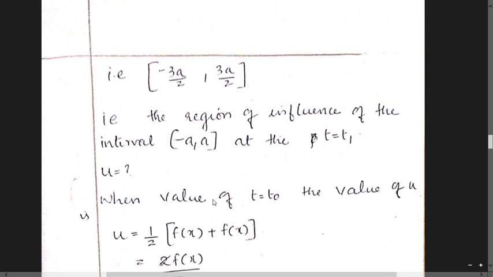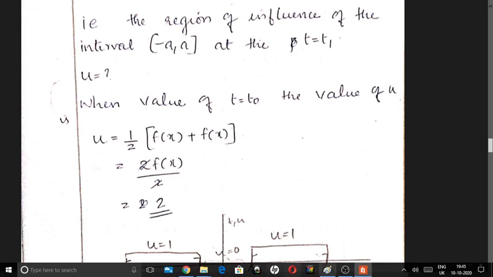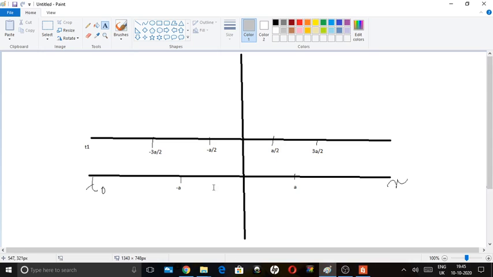Next we have to find the values of u. When t is equal to t naught, the value of u is equal to 2. We just substitute the values in D'Alembert's equation, so we get the value 2. So we have to mark the value of u.